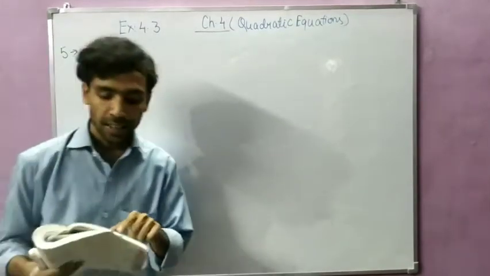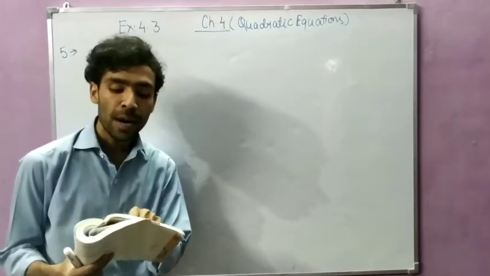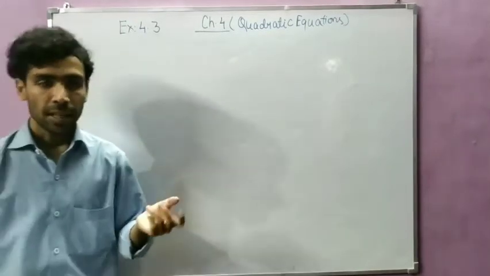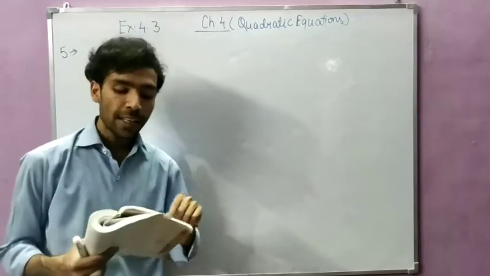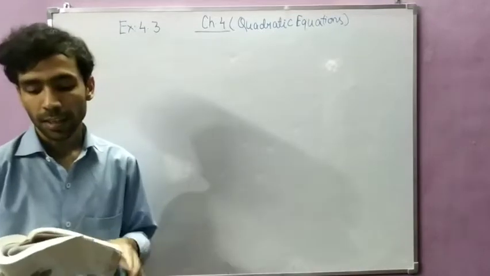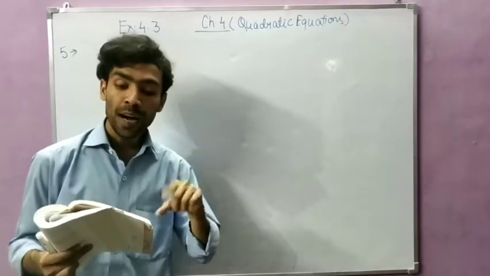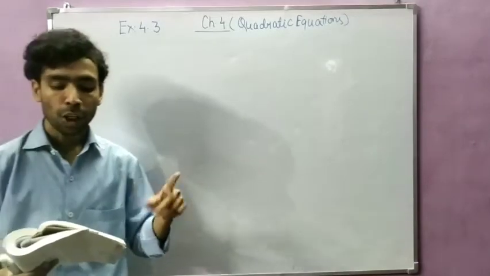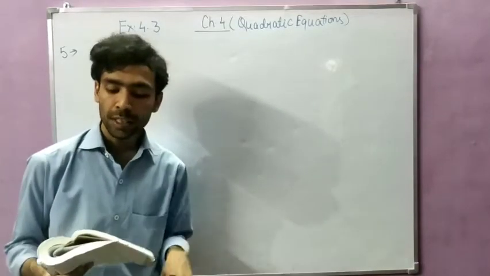In a class test, the sum of Shefali's marks in mathematics and English is 30. Had she got 2 marks more in mathematics and 3 marks less in English, the product of their marks would be 210.